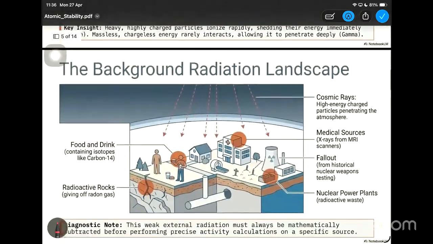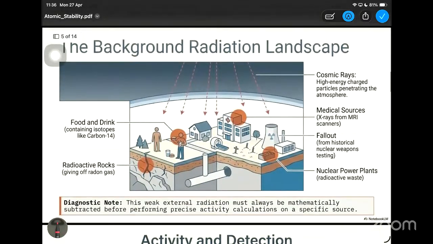Then the background radiation and the landscape. So you need to know what is meant by background radiation. If I explain it simply, the components of background radiation are explained here. We all know how the universe expanded and how the solar systems were made and so on, right?